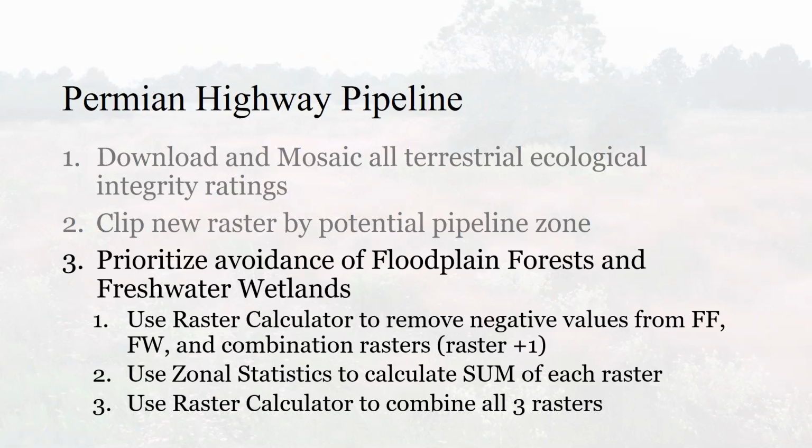And we did that because Raster calculator only looks at where all 3 rasters have data. So there's a lot of places where the freshwater wetland layer, for instance, doesn't have any data. And so it would remove all those areas from the end output. So that wouldn't work for us. So we had to use zonal statistics to calculate the sum instead. And then we use Raster calculator again to combine all 3 of those sum rasters generated by zonal statistics.